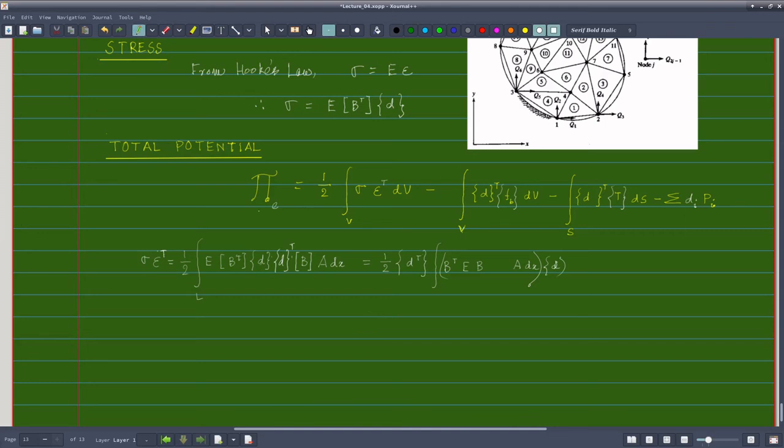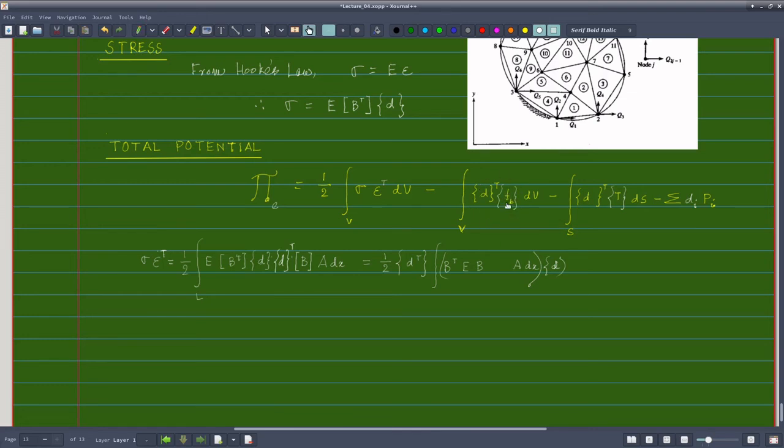Now the total potential of the element we can write as half integration of sigma into epsilon transpose when the integral is done over the volume of the element, minus this work potential. These are the work potential of body forces.